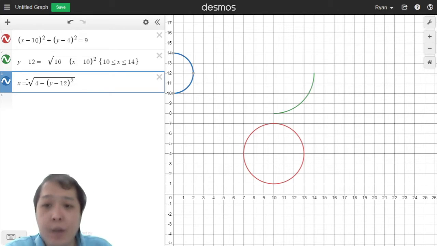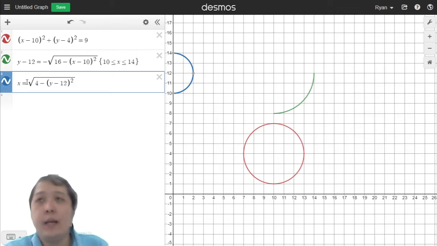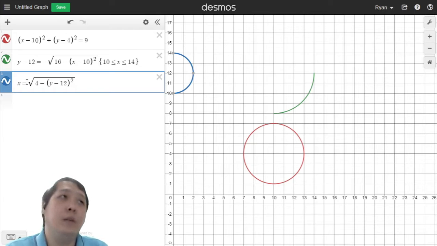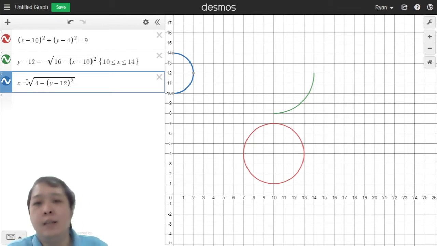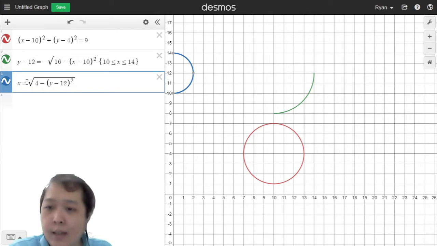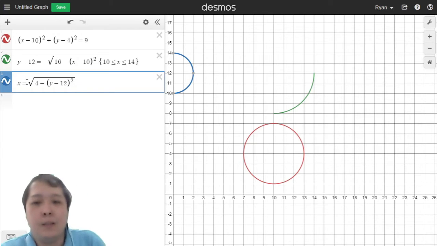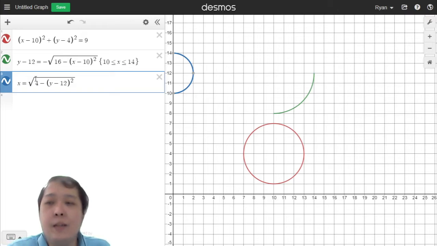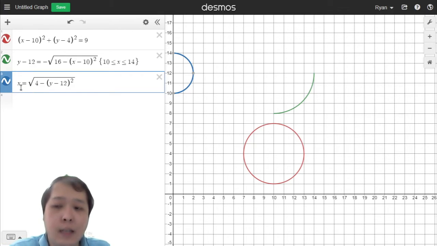Normally, it's always y that is a function of x. f of x sounds very familiar, right? Here, the opposite. So x is the function of y, f of y. That's why x is lonely here, right?